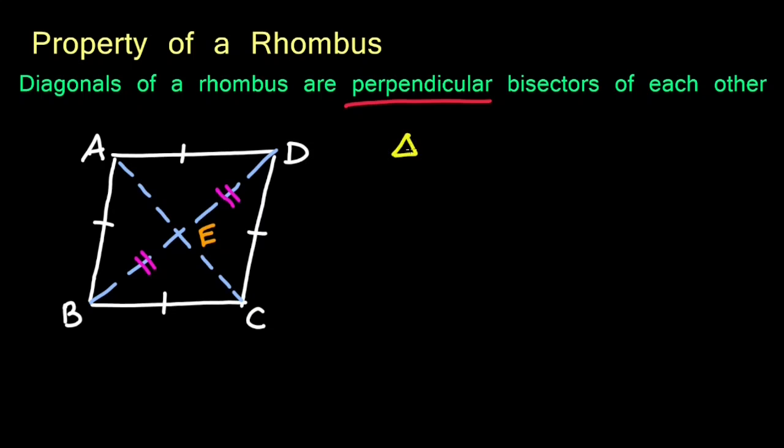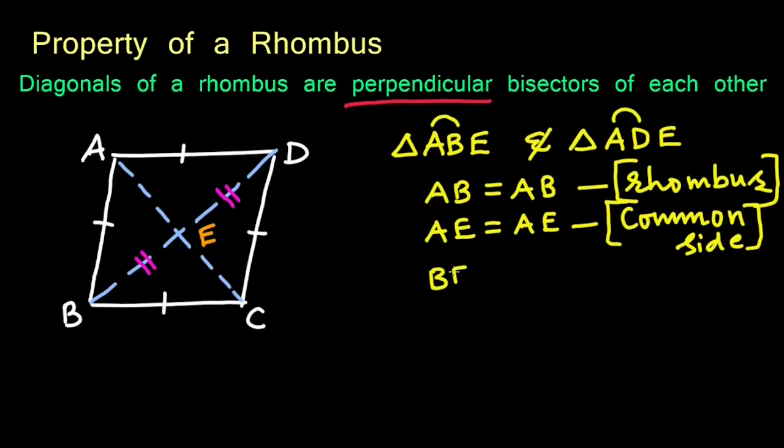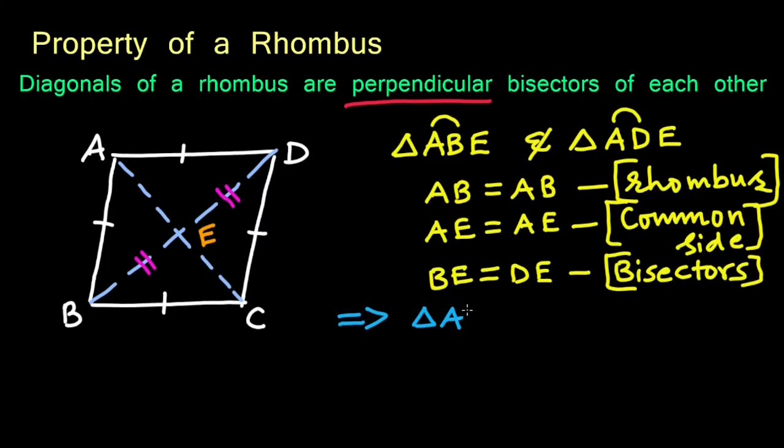So, in triangle ABE and triangle ADE, AB equals AD because it's a rhombus, AE equals AE, common side, and BE equals DE because diagonals are bisectors, which implies triangle ABE is congruent to triangle ADE by the SSS test of congruency.